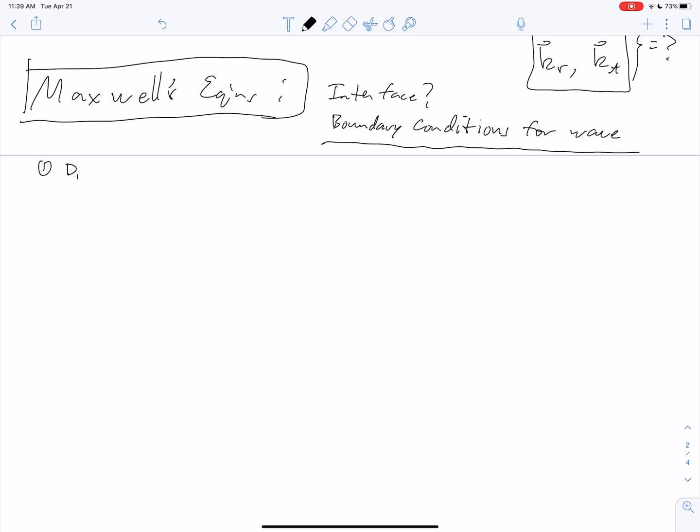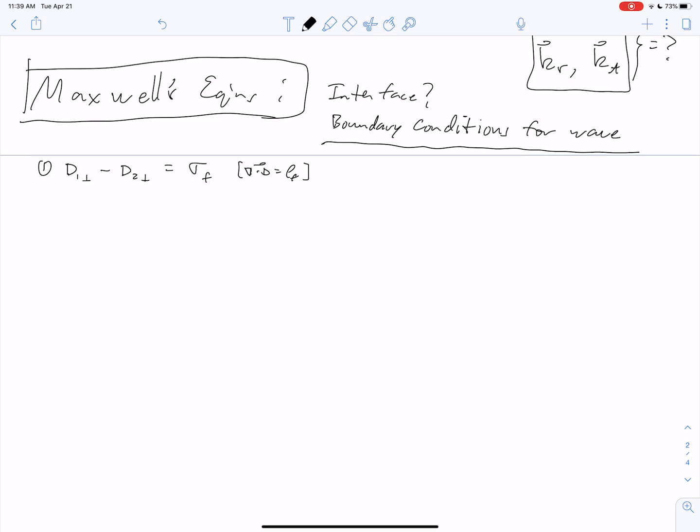We know that the D field on one side of the interface, I'll call that D1, the perpendicular component on one side minus the perpendicular component on the other side is equal to sigma free. That's the free charge density, and that came from del dot D equals rho free.